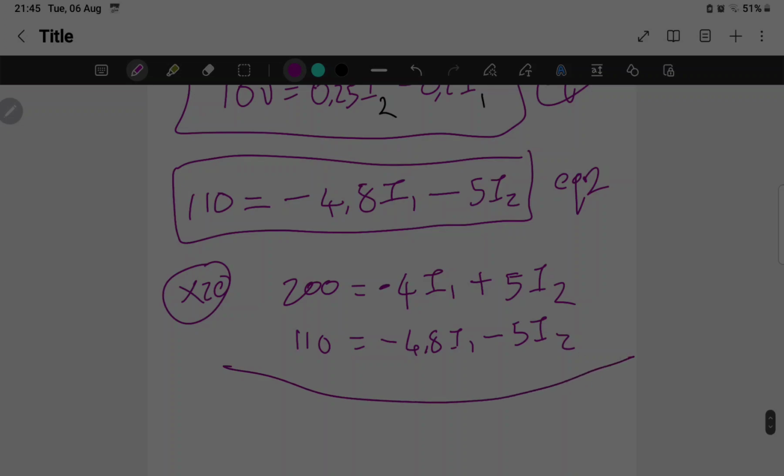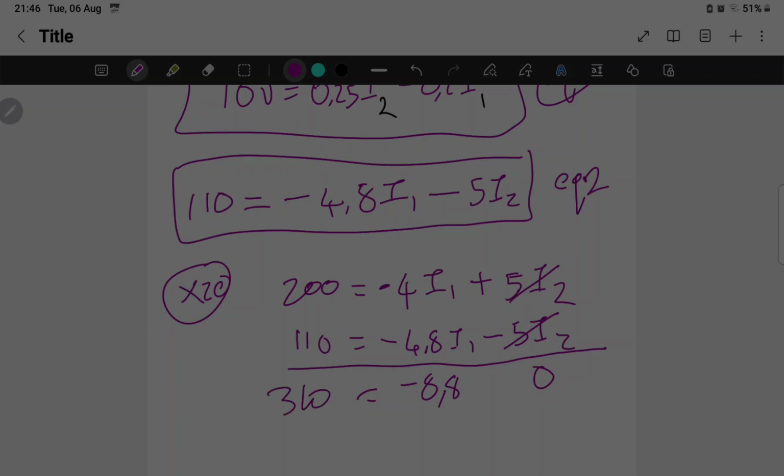So now we're going to add them. So 5 plus negative 5 is 0. We have negative 4 plus negative 4.8, which is negative 8.8.